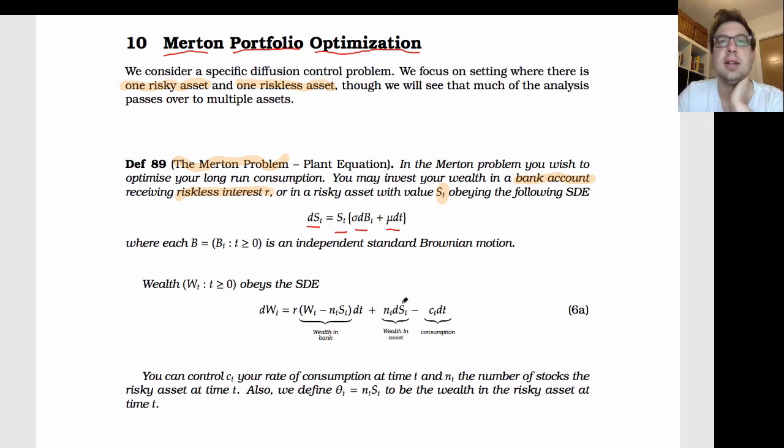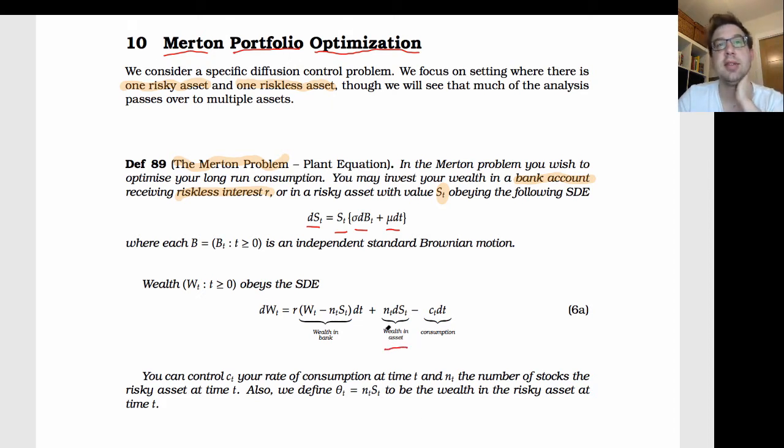So if we do that, let's say N of t here is the number of stocks that we've bought at value S of t. We look at the change in our wealth, then this is going to be the change due to our investments of buying N of t stocks in this risky asset. So that's our wealth invested in the risky asset.